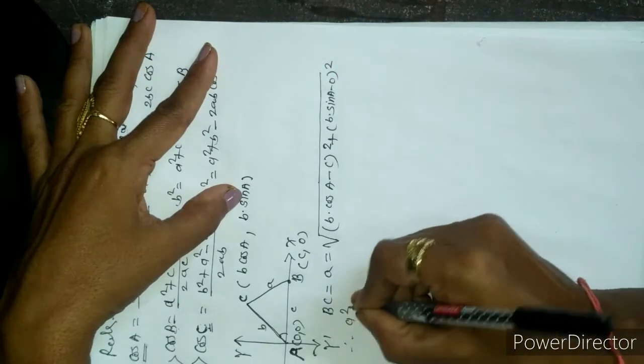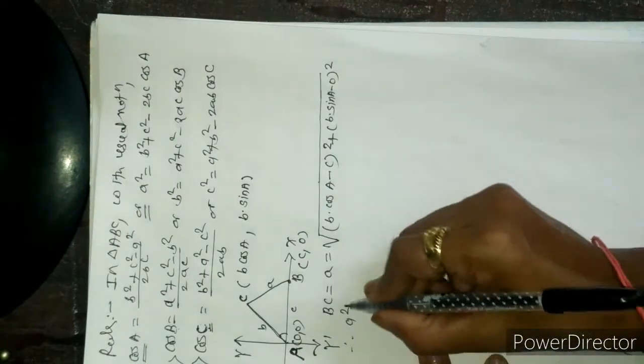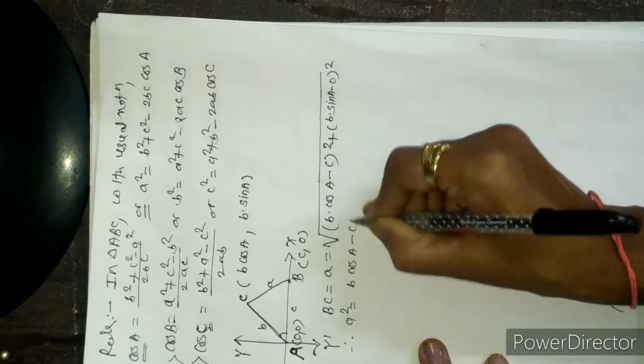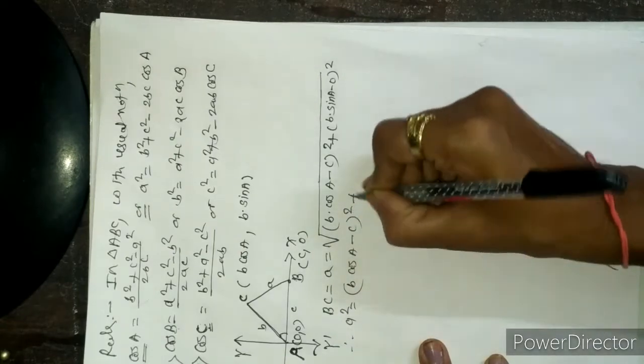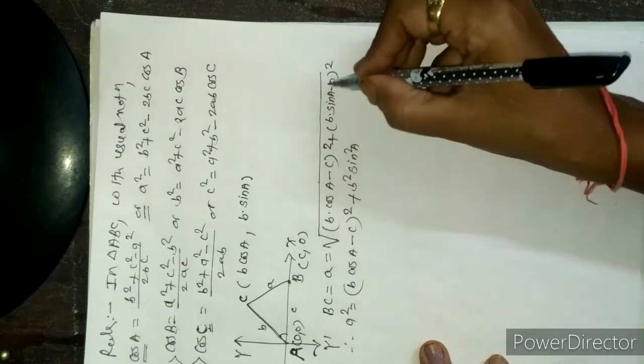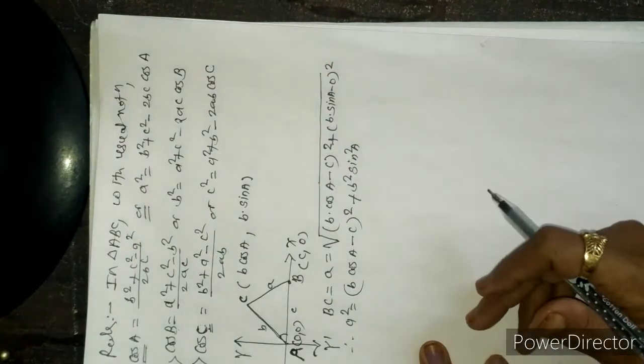By squaring, we eliminate the root. By squaring we get (B cos A minus C) bracket square plus B square sin square A, as minus 0 leaves the number itself.